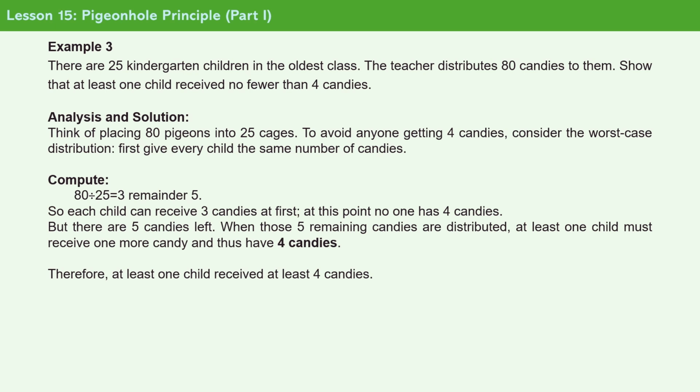First, give every child the same number of candies. 80 divided by 25 equals 3 with remainder 5. So each child can receive 3 candies at first. At this point no one has 4 candies. But there are 5 candies left. When those 5 remaining candies are distributed, at least one child must receive 1 more candy and thus have 4 candies. Therefore, at least one child received at least 4 candies.